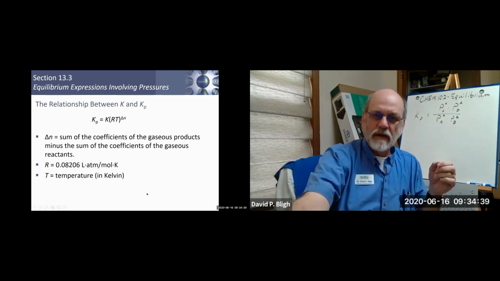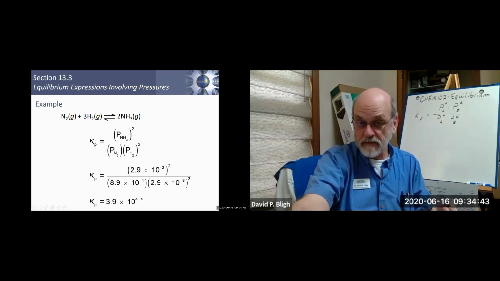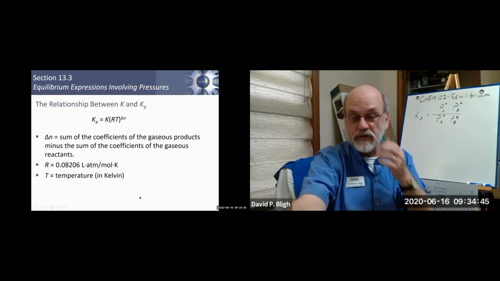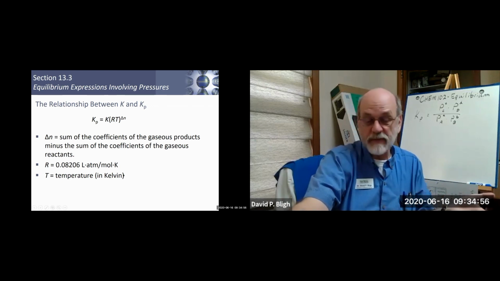Okay, so knowing this K for partial pressures, we can plug it into this right here, put it in that place, and put in the values for R, and for temperature, whatever the temperature happens to be, we'll have to be given that.